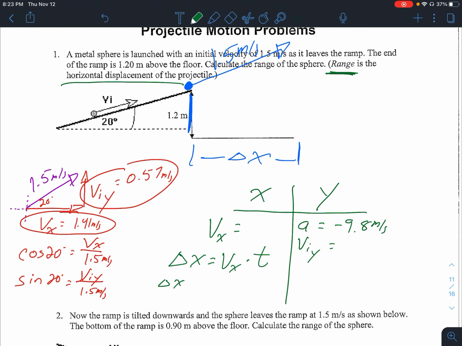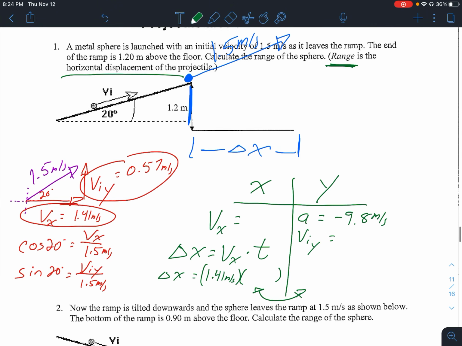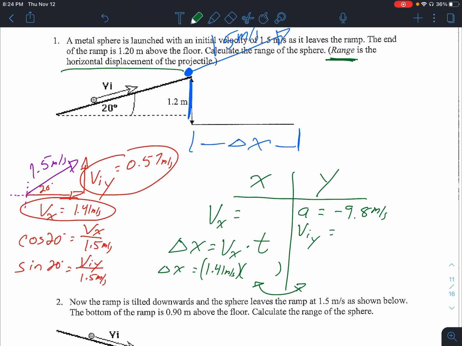So to get delta x, which is my final answer to the problem, I already have the Vx, like I mentioned, and I'm just looking for my horizontal information as far as time goes. That I'm going to look for over here because it's going to be the same. So I have my Viy that I calculated.